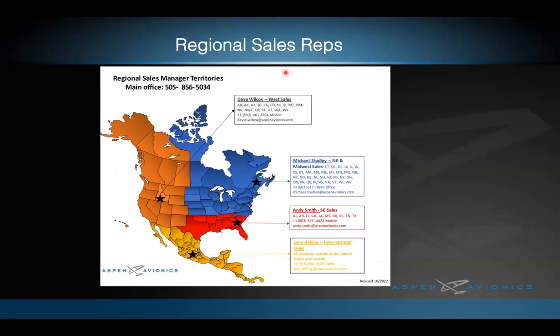Because if it's configured for a GPS, it's looking to compare airspeed to ground speed. So that should be easily troubleshot. That's something any good Aspen dealer could figure out for you.